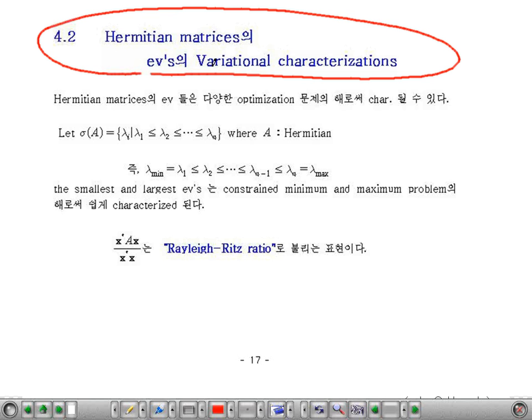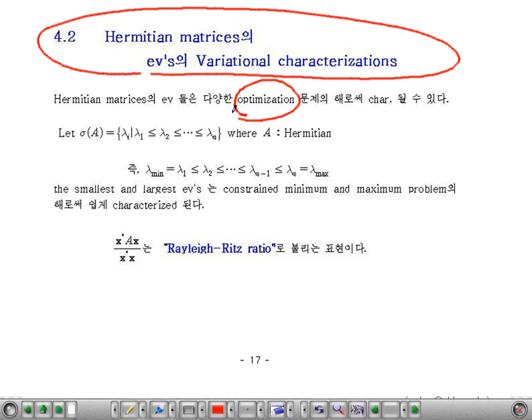So we better know. Many optimization problems are using the eigenvalues of Hermitian matrices.